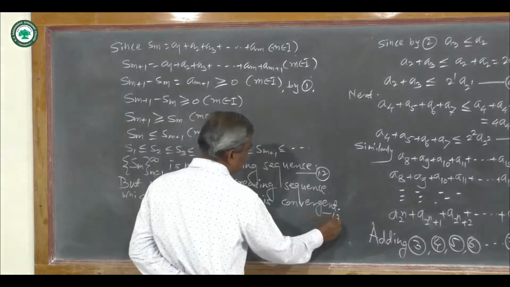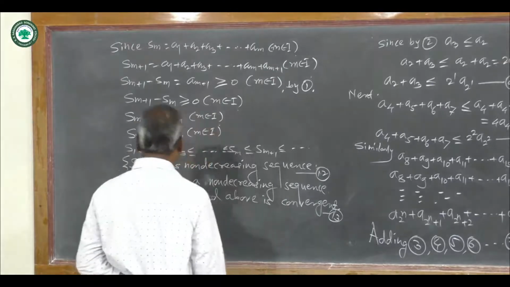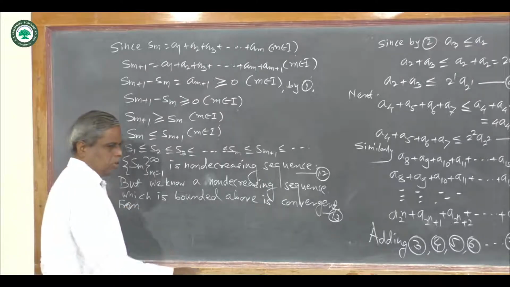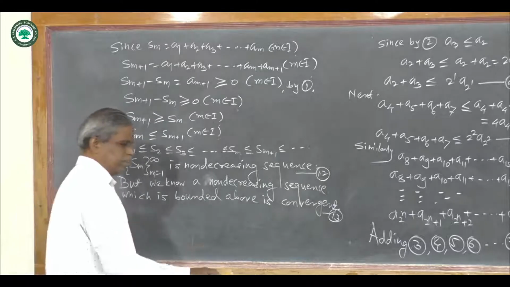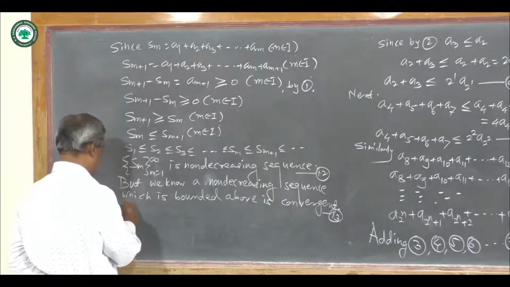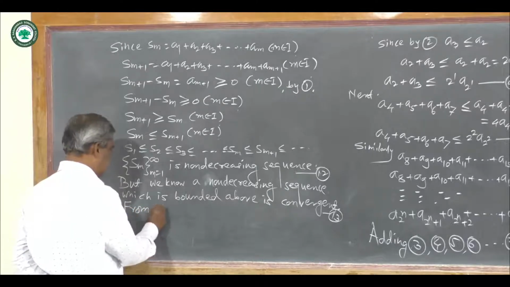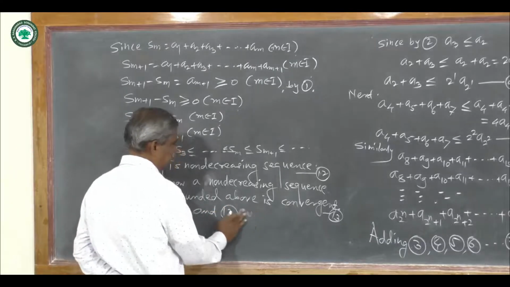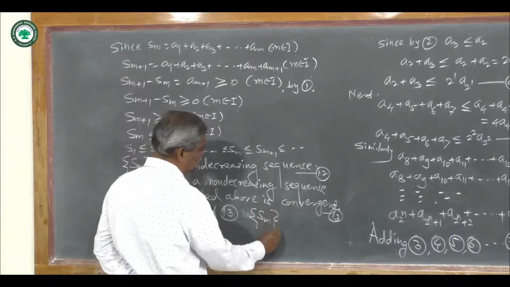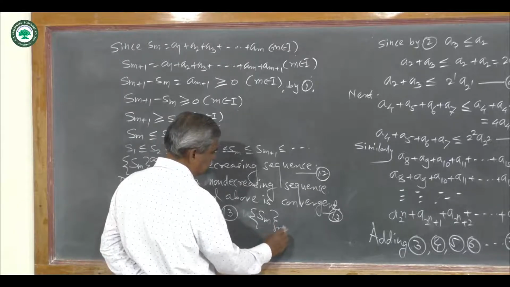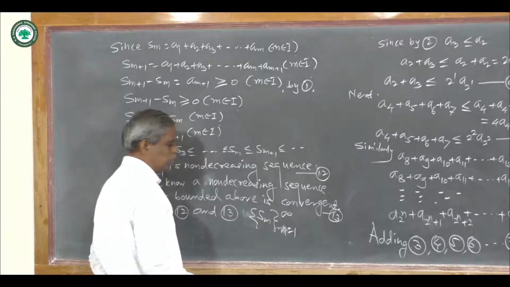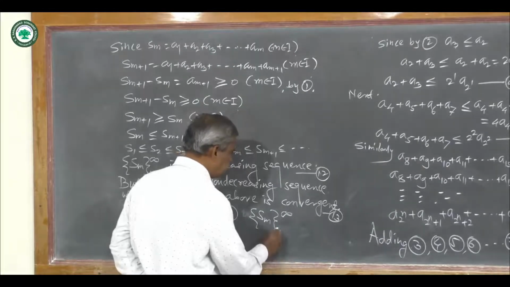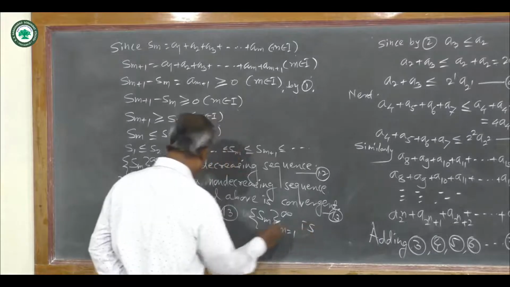This is 13. From 11, 12 and 13, we write that the sequence S_m, m equal to 1 to infinity, is convergent.